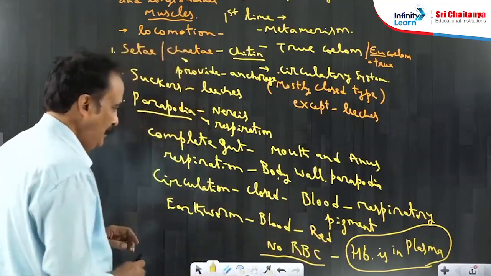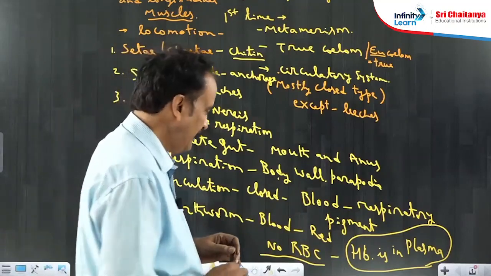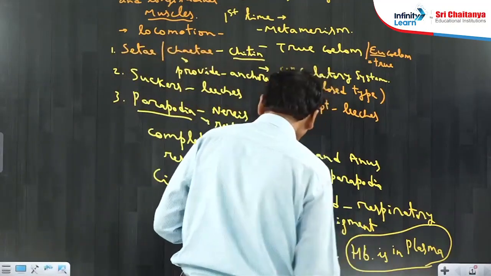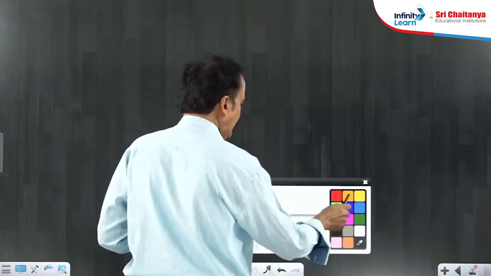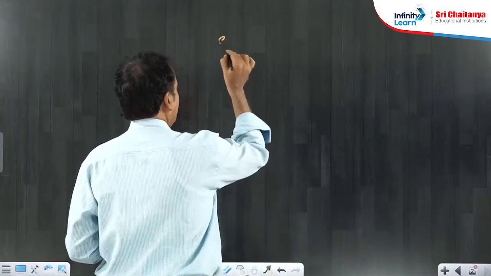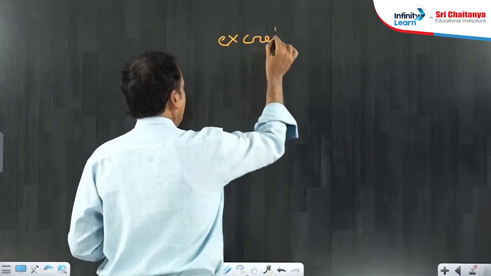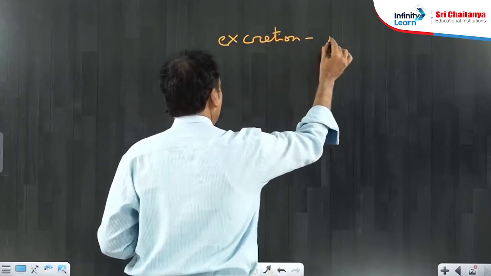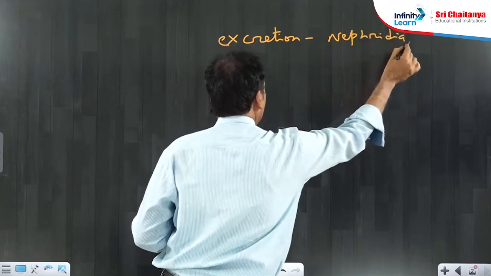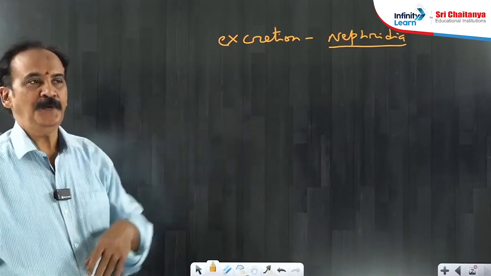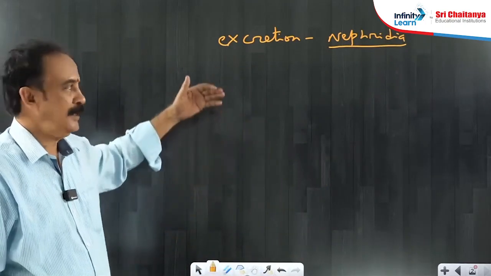And when it comes to excretion, we go for a new page. When it comes to excretion, we have structures named nephridia. Nephridia are long tubular structures that open into the coelom or the body cavity, right?